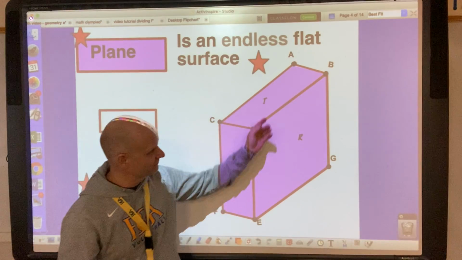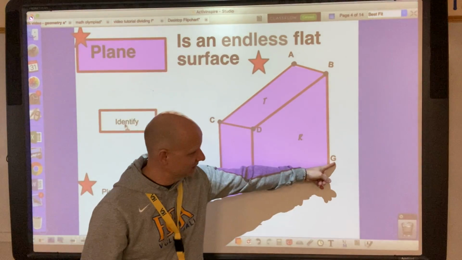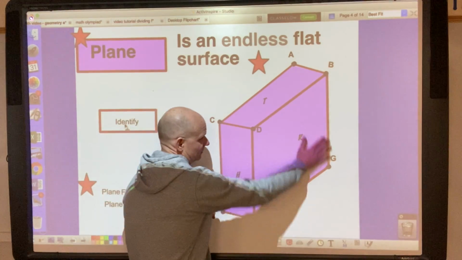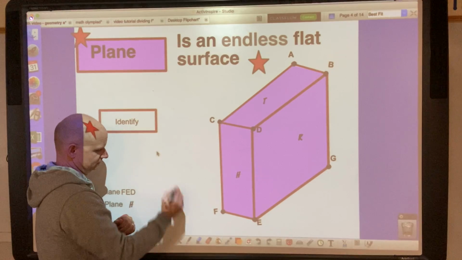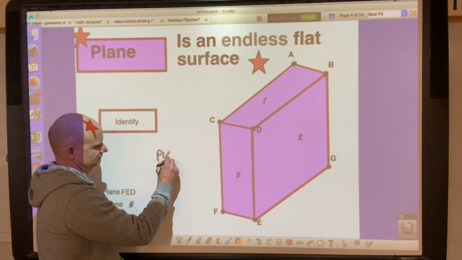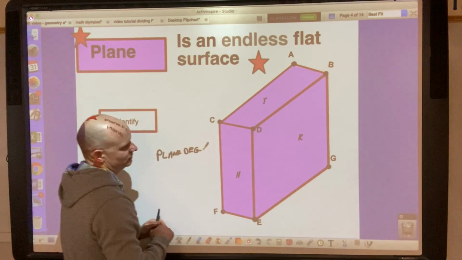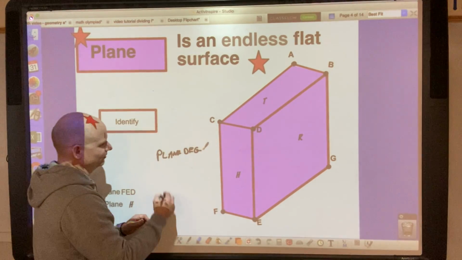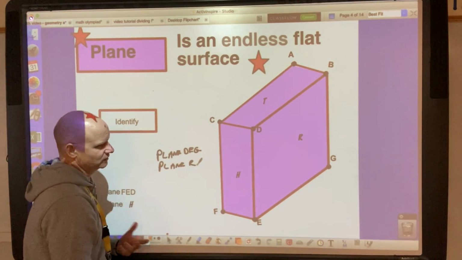So here, if I want to identify this plane, I could say plane DEG, which is this plane. Or I can just say plane R, okay?